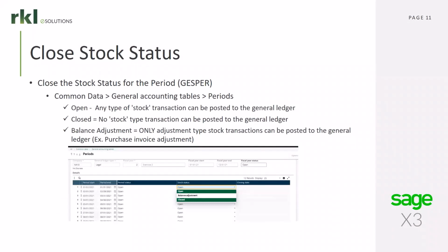We recommend closing the stock status for the period while you're getting your year-end and period-end closing processes completed. There are options when you go to your period setup of balance adjustment and closed.